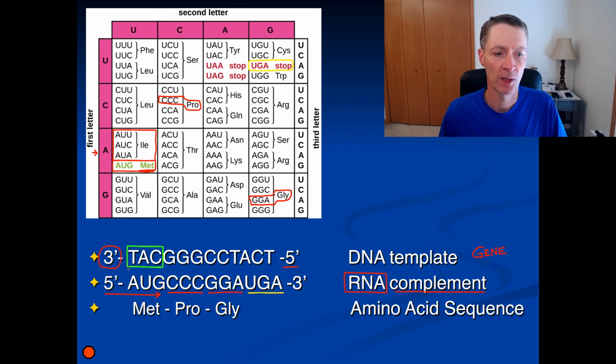So we have a triplet of DNA within our gene. When we look at the three nucleotide sequence within RNA, we call it a codon. It's coding for something, so it's a good name. It's coding for a particular amino acid based on that 3 nucleotide sequence.